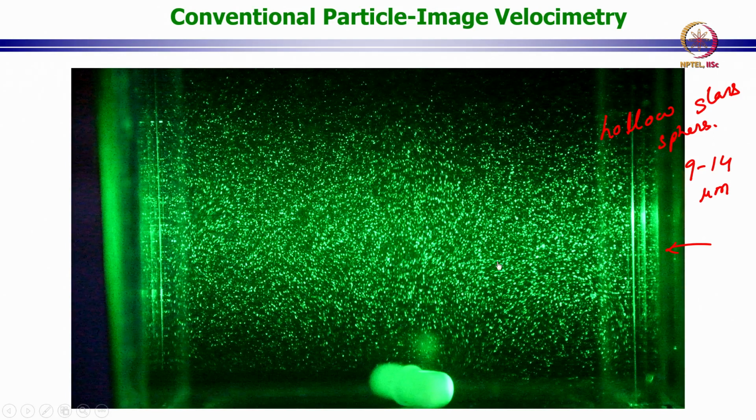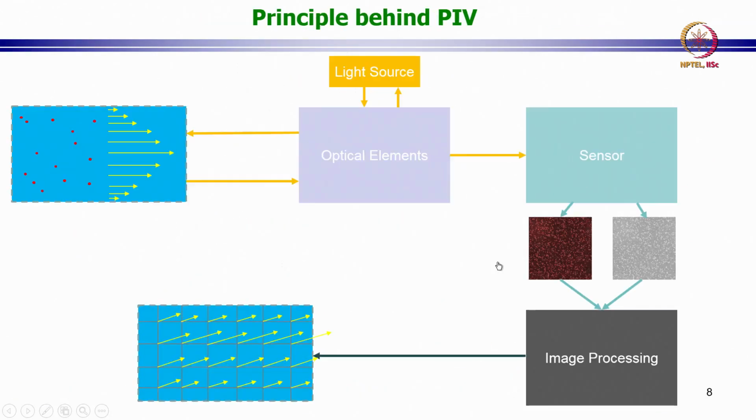So, hopefully we can see that we have many different aspects of the conventional PIV setup, and the first and foremost was the issue of tracer particles. In the next lecture we are going to talk about different light sources and some of the other aspects of particle image velocimetry. So, we will end here and we will start off from exactly where we left in the next lecture. Thank you.